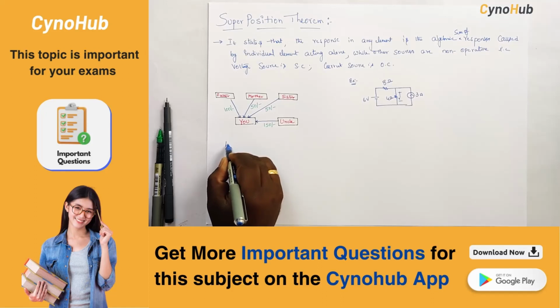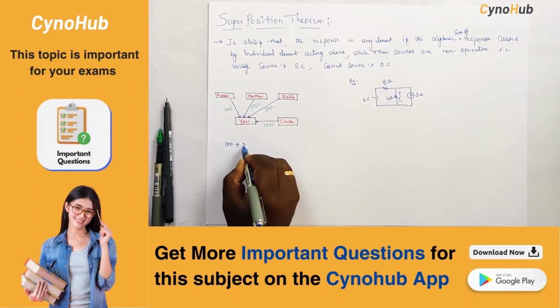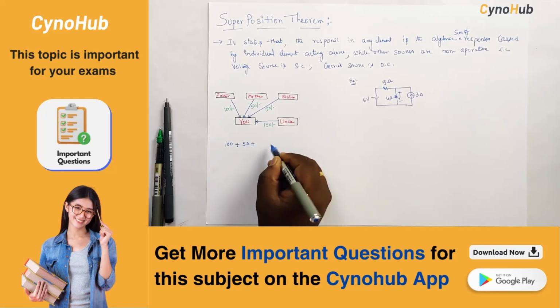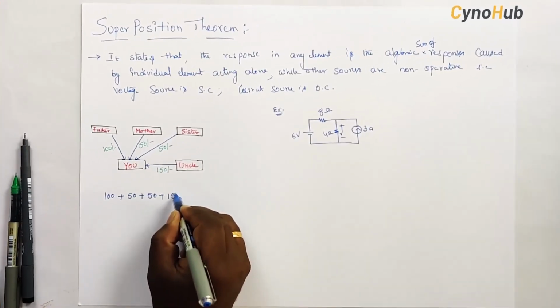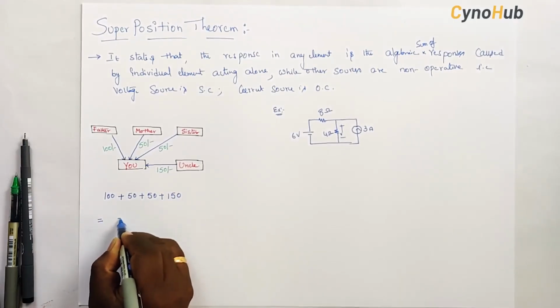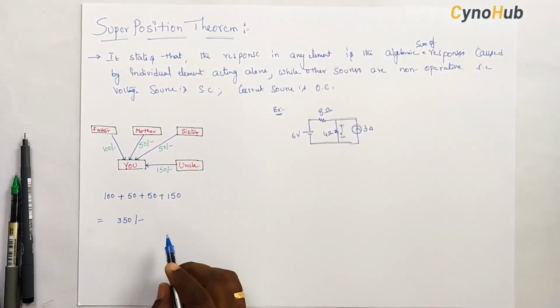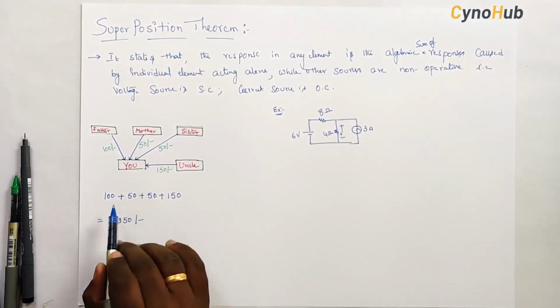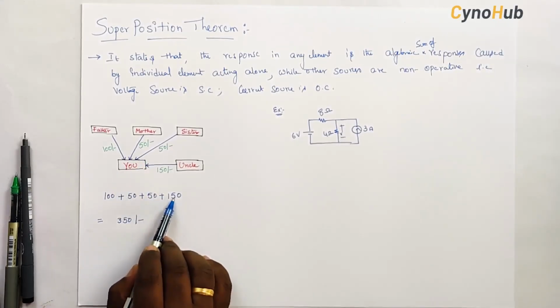You have 100 from father, 50 from mother, 50 from sister and 150 from uncle, and your total amount is 350 rupees. What you have done is taken the sum of all the money.